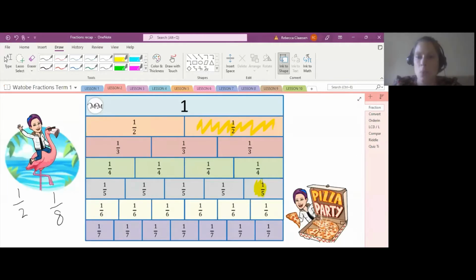Okay, so when we're comparing fractions, I know some of you are going to know this really well, but the bigger the denominator is, the smaller the piece of pizza you're getting. So always think about a fraction wall. The more pieces you have to cut your whole into, the smaller the pieces are going to be.